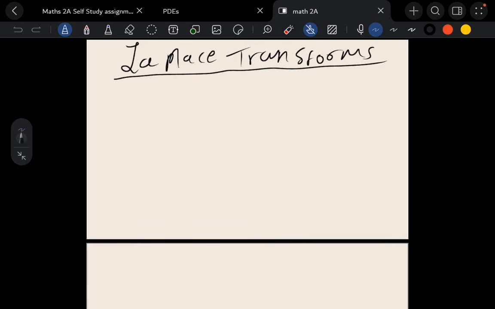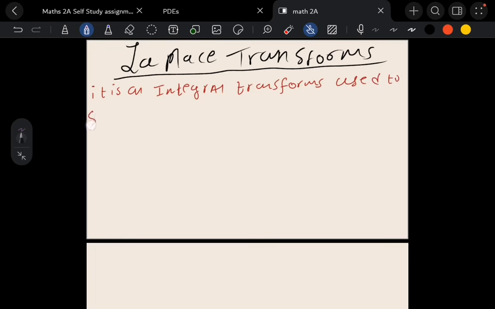What is the Laplace Transform? The Laplace Transform is an integral transform used to solve higher order differential equations.